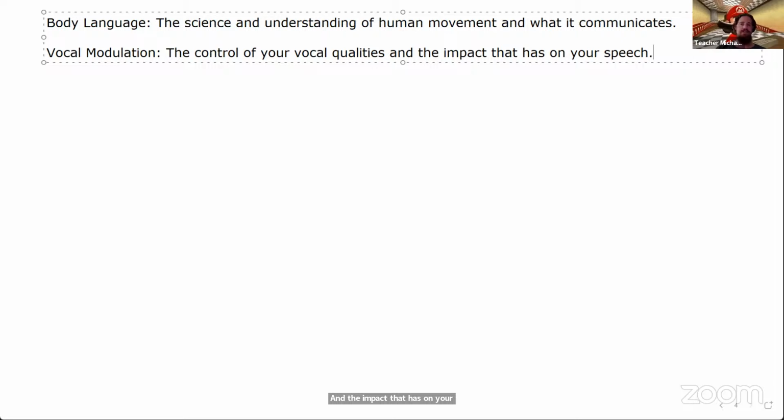So the three main aspects to vocal modulation are pitch, pacing, and volume. So pitch is your voice high? Is it neutral or is it low? So we all know what we sound like when we talk normally.